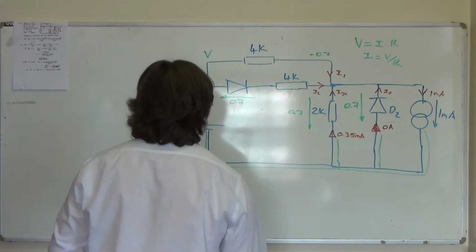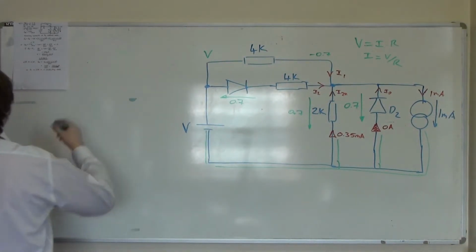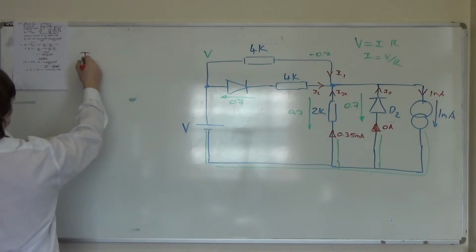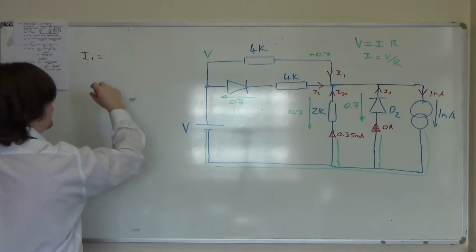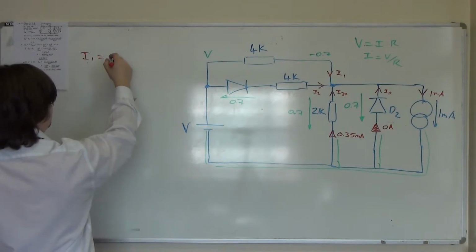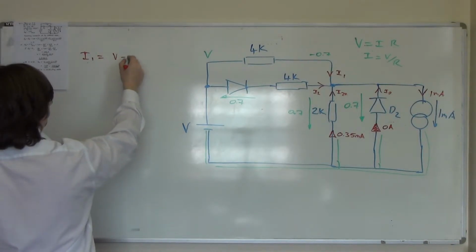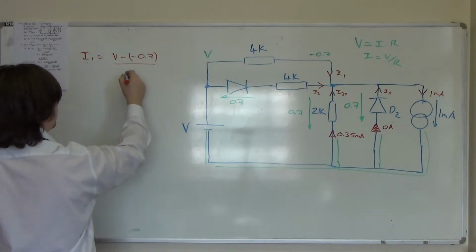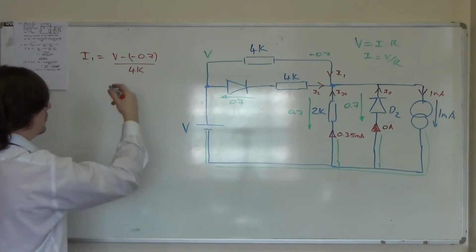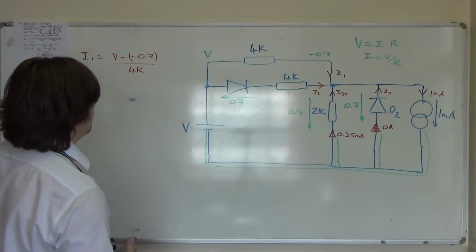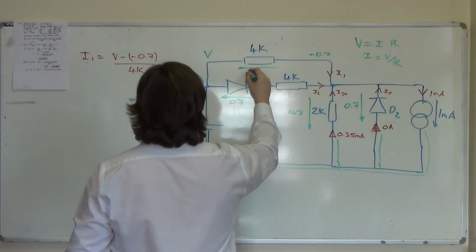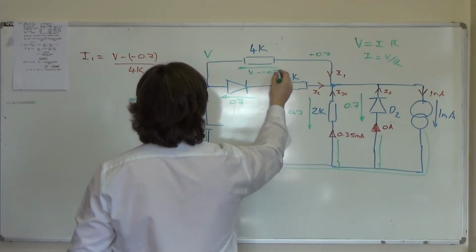So to get I1, we've got V minus 0.7 divided by 4K. In red, because I'm doing currents, that voltage there is V minus 0.7.